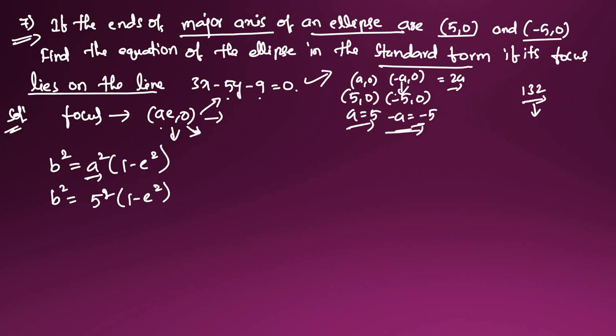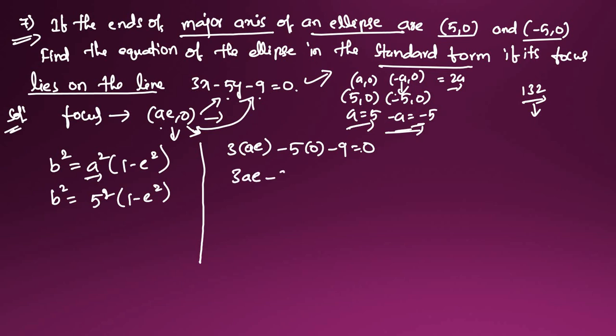And he's saying that this point lies on this line, so I will do this one also. It will become 3 into ae minus 5 into 0 minus 9 is equal to 0. So 3ae minus 9 is equal to 0. 9 will go to the other side: 3ae is equal to 9, and ae is equal to 9 divided by 3, so ae is equal to 3.